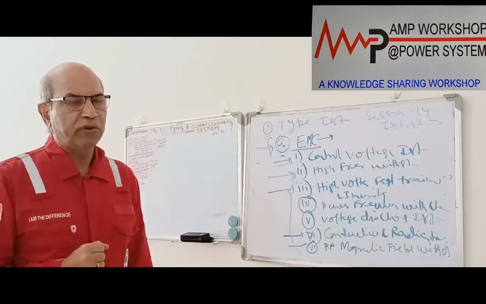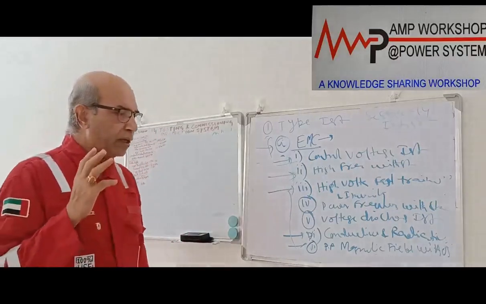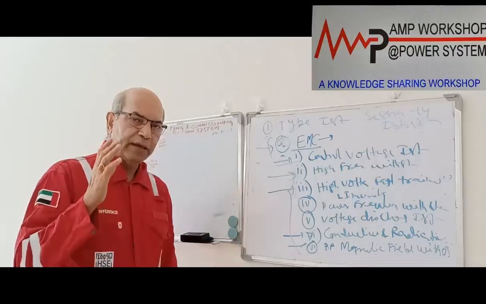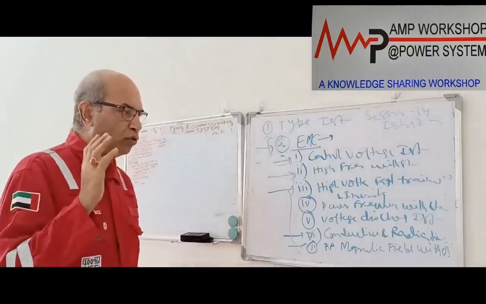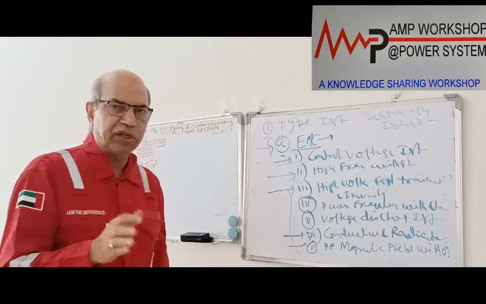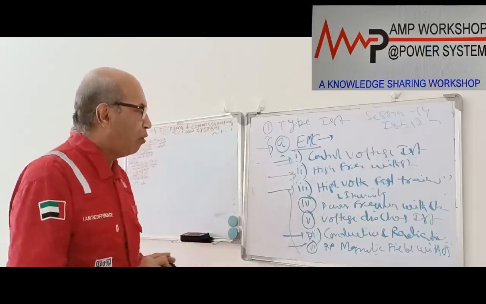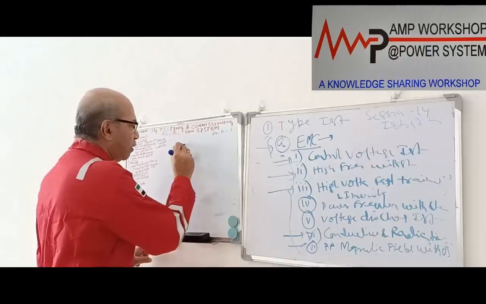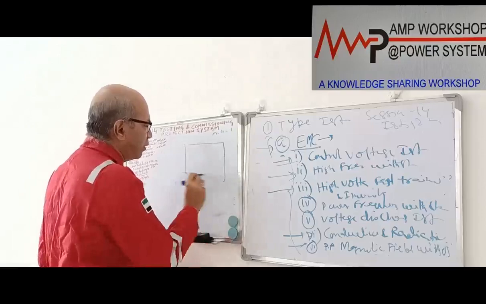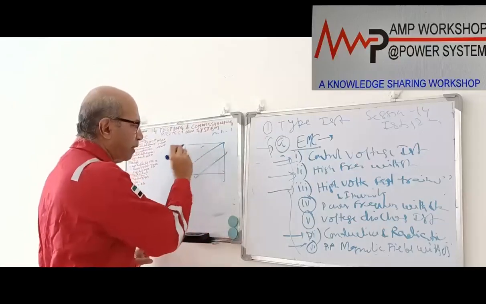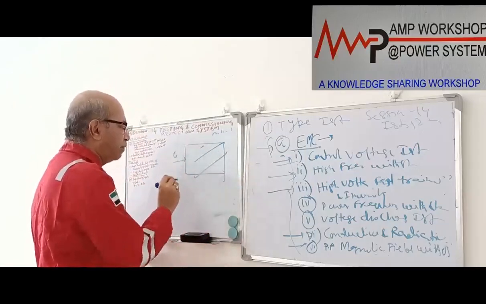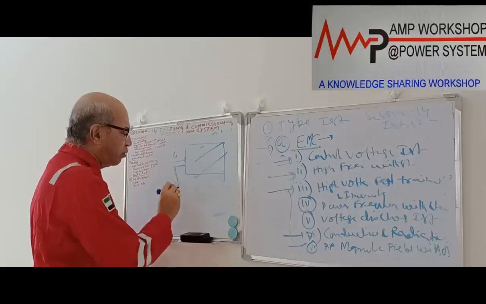So how do we do this electrostatic discharge test? There are two ways the electrostatic discharge can go to the ground. One is the conductive way. If the cover or the body of the relay is conductive and somebody touches it, then it will go through the body to the ground.